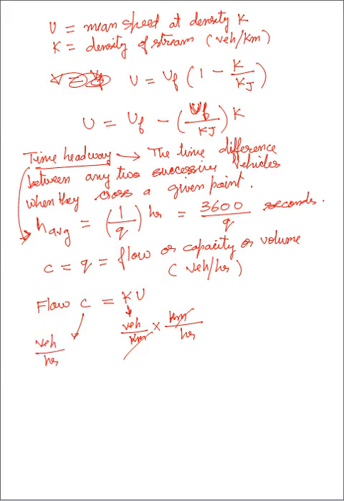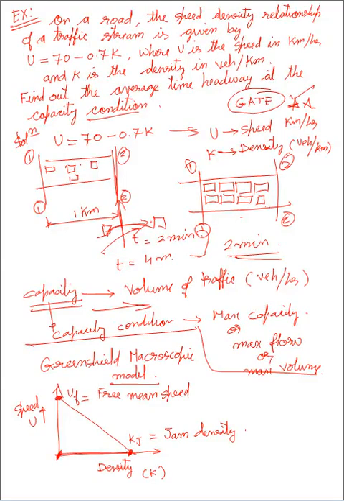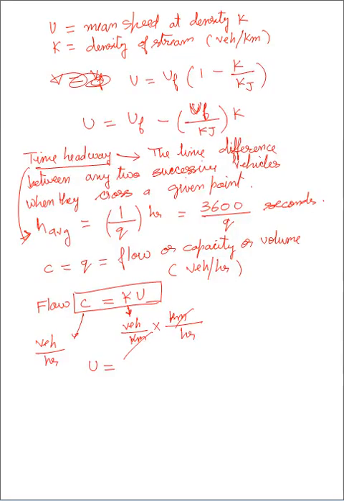This formula C is equal to KU you have to memorize. This is a basic formula. Now what relationship do we have? U is equal to 70 minus 0.7 K.